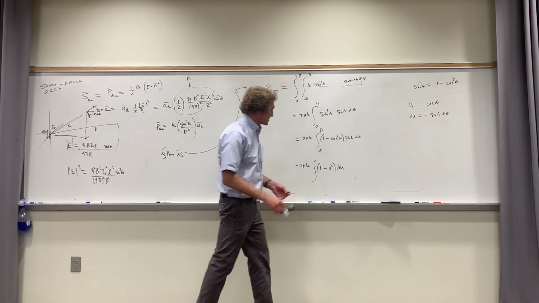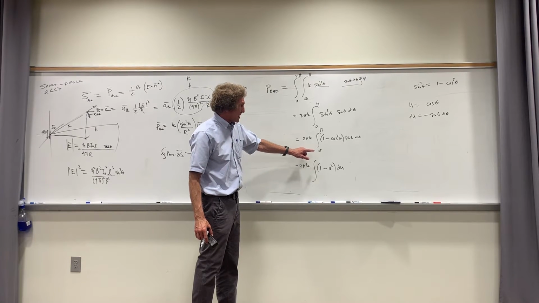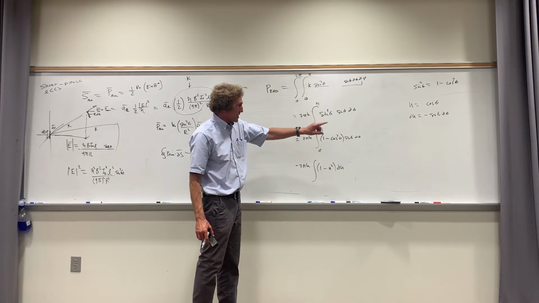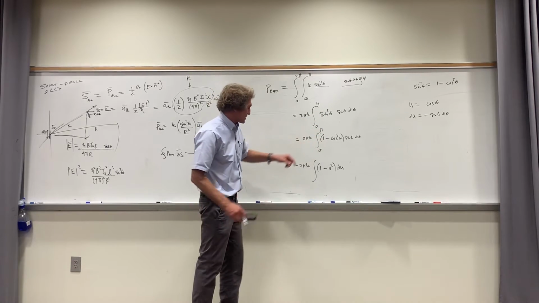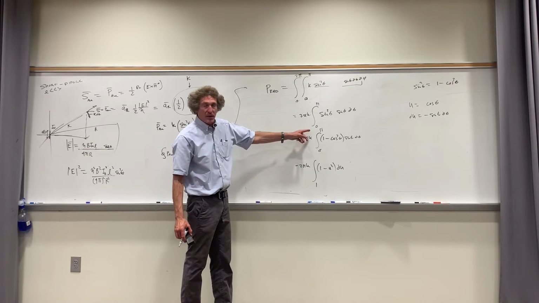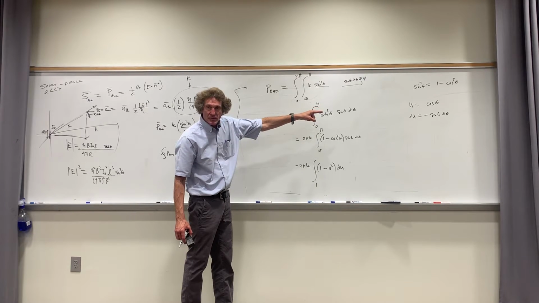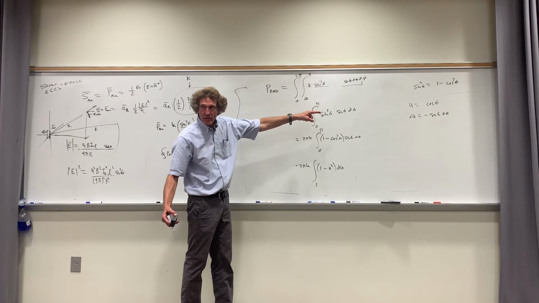Now my limits are interesting, because my limits go from where to where? If theta is 0, the cosine of theta is 1, so my limits go from 1, right? And then to pi. So if theta is pi, u is cosine of pi, which is -1.